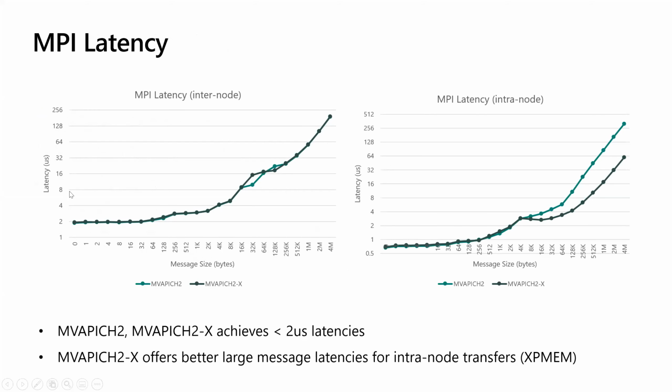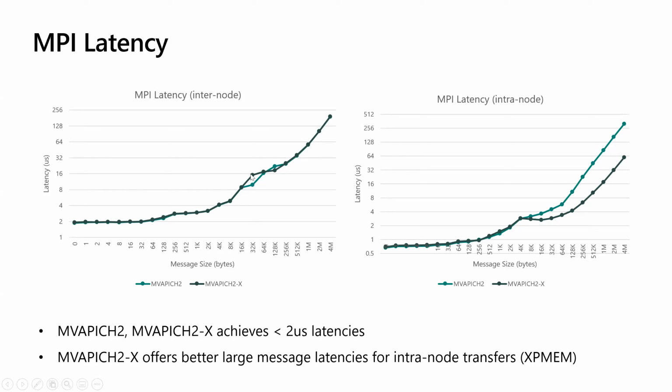When you plot out your results for internode latencies, we showed you right around 2 microseconds. As we go to the message sizes, we can see that MVAPICH2 and MVAPICH2-X follow each other very closely, and depending on the points, some are better. MVAPICH2-X is a little worse here, but a little better here, but they trend the same line.